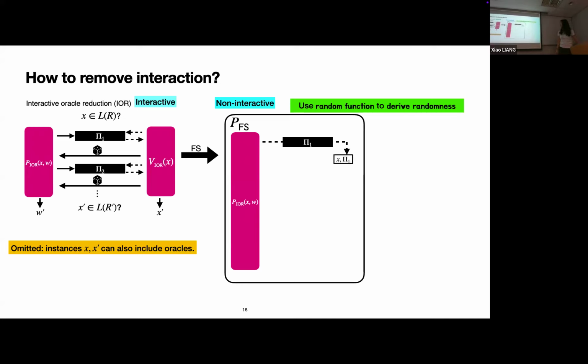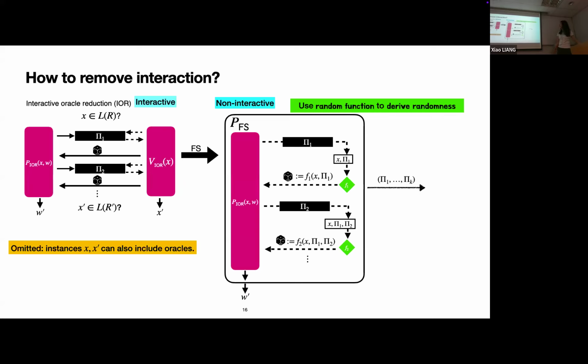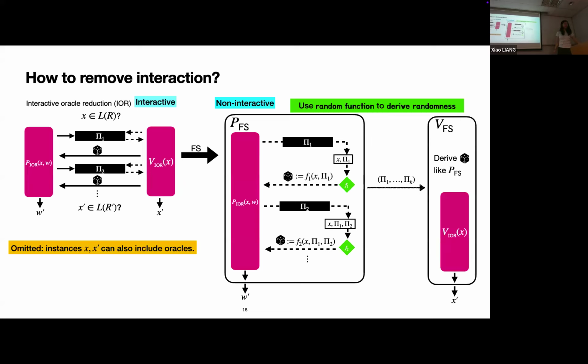Once the IOR prover sends some oracle proof string, it feeds it to the random function to derive the randomness, and it does this every single round. It then sends all the proof strings to the verifier. The verifier derives the randomness just like the prover does, and then runs the IOR verifier with this derived randomness.